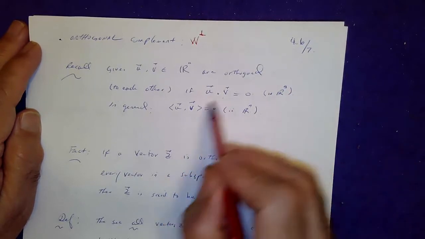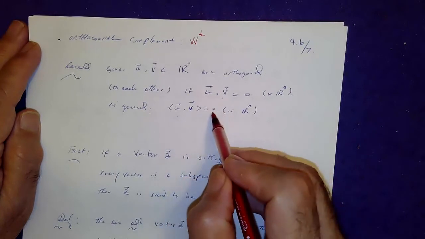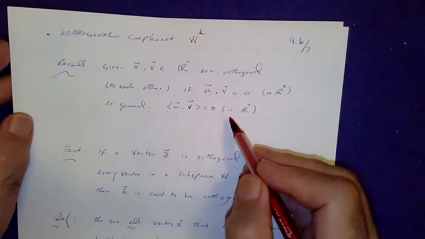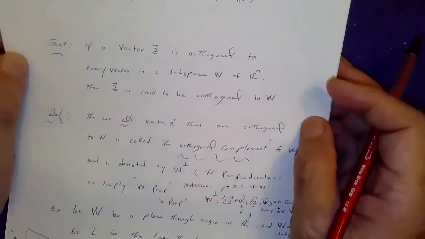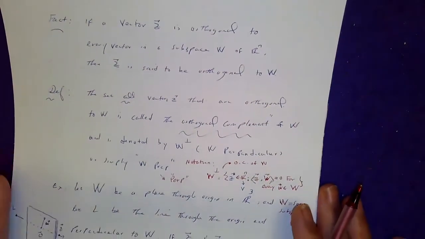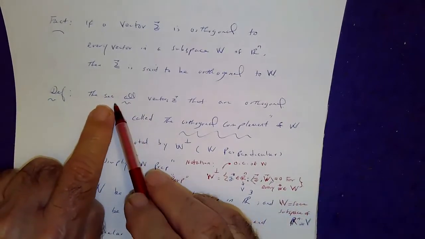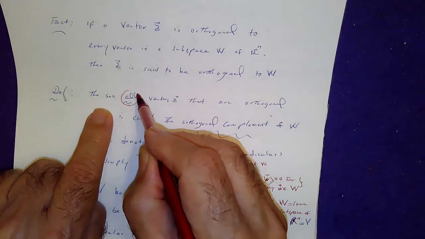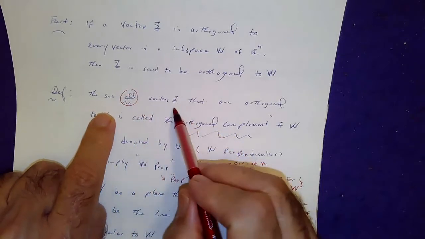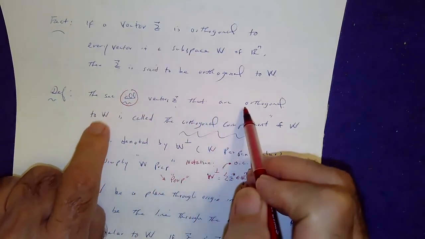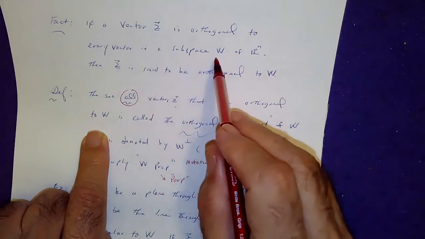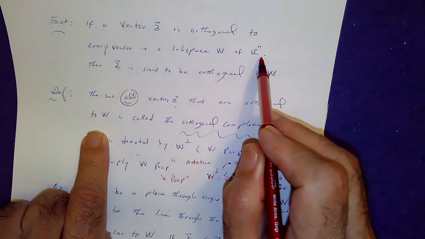We use this notation: if this inner product is 0, then we say the vectors are orthogonal. However, the catch is now we consider all vectors z that are orthogonal to W, and W is a subspace of Rn.